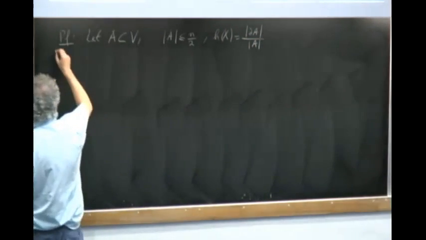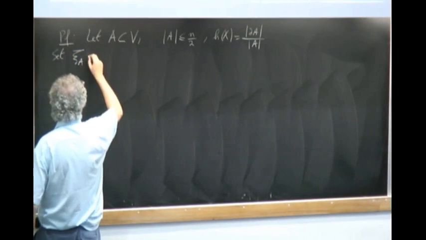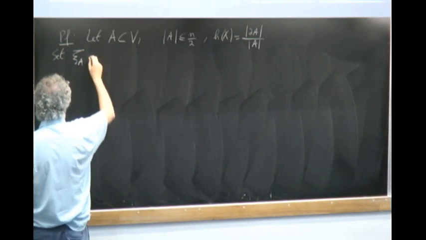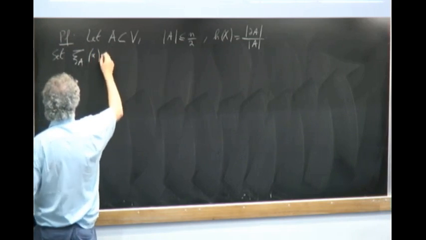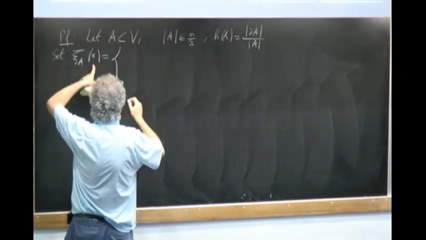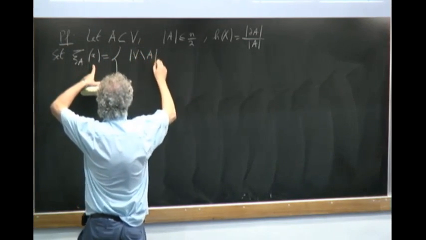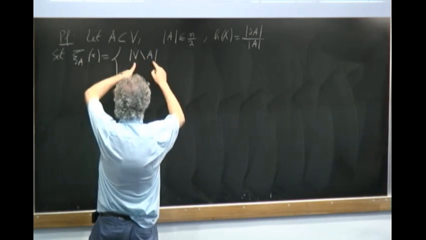Now, we define the function psi of A on the vertex set V by the following recipe. If x is a vertex in A, we put as value the number of vertices in the complement.